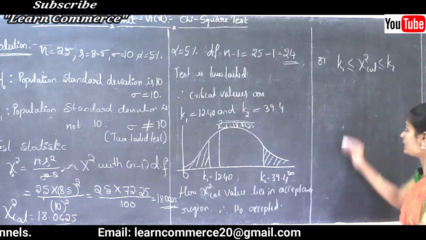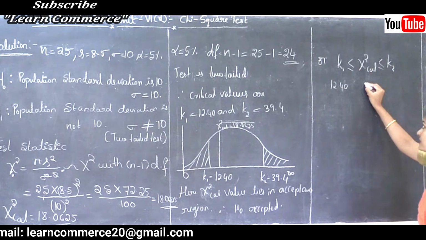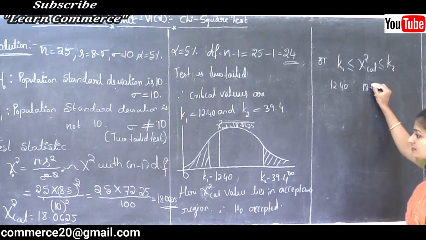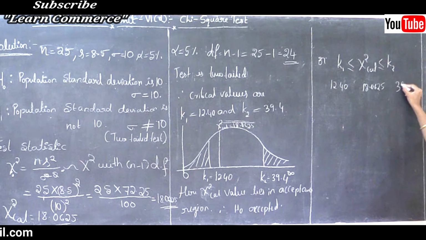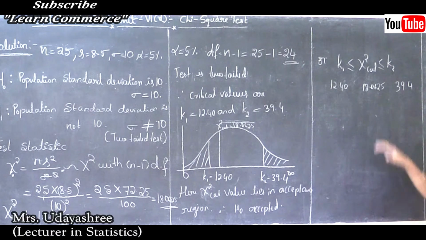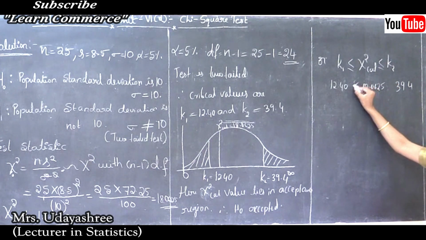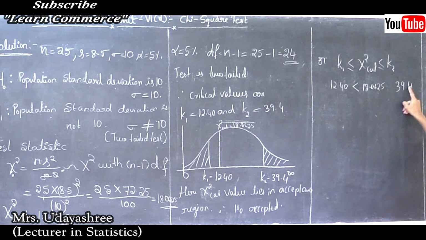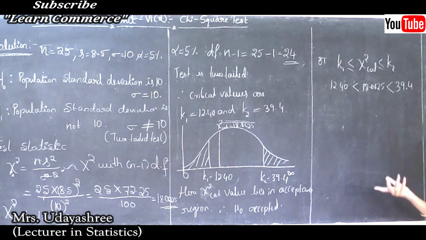Here the K1 value is 12.40, the calculated value is 18.0625 and the K2 value is 39.4. First I will consider these two observations. 18.0625 is greater than 12.4, so the sign is like this, and 39.4 is greater than 18.0625, therefore the sign is like this. Here the condition is satisfied, therefore H naught is accepted.